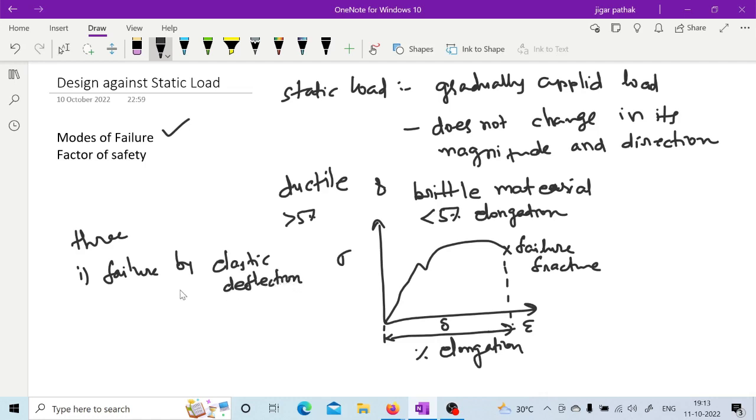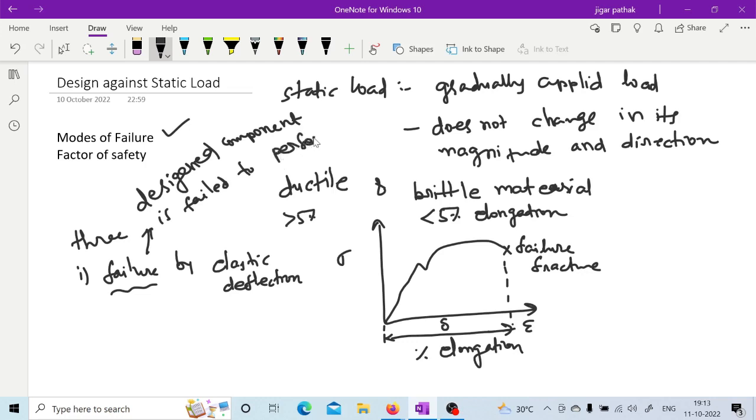Failure means, whenever your designed component fails to perform the intended task.